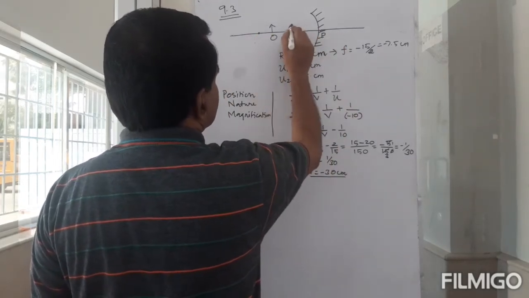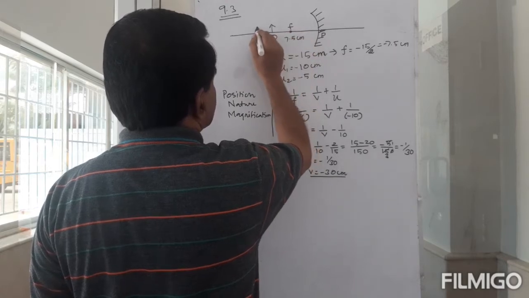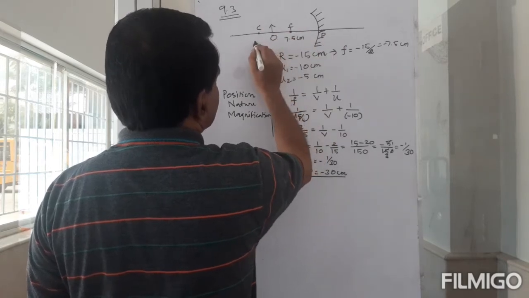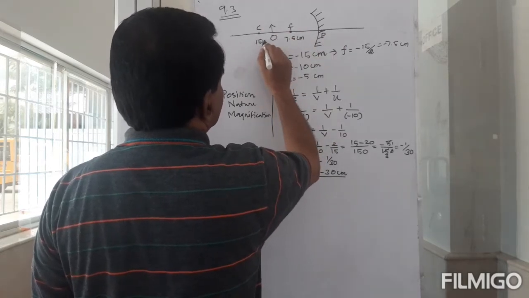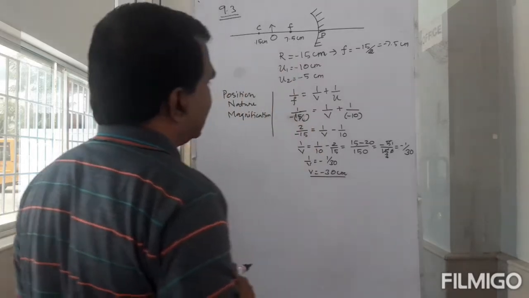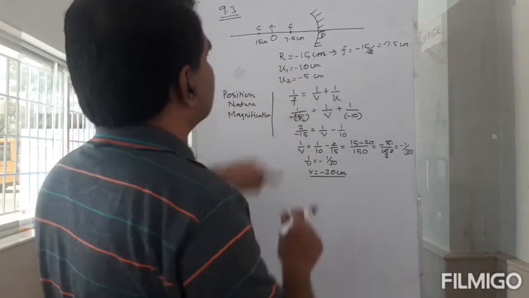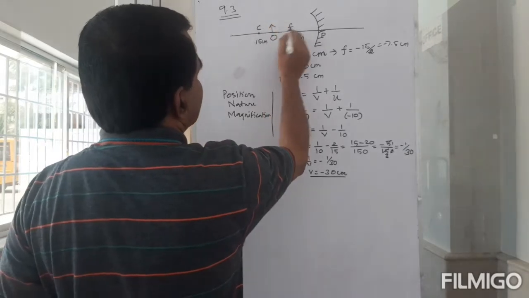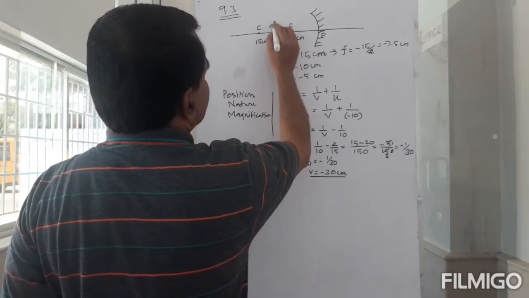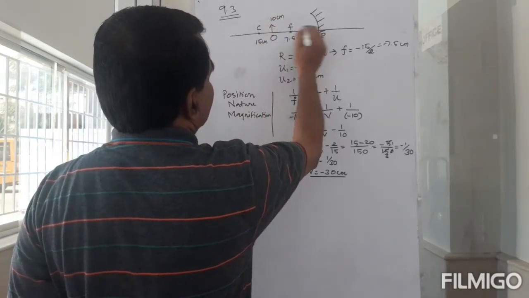This is c, this is f, this is c. So from the pole it is 15 centimeters. And where did we keep the object? The object is kept 10 centimeters from the pole, between f and c.